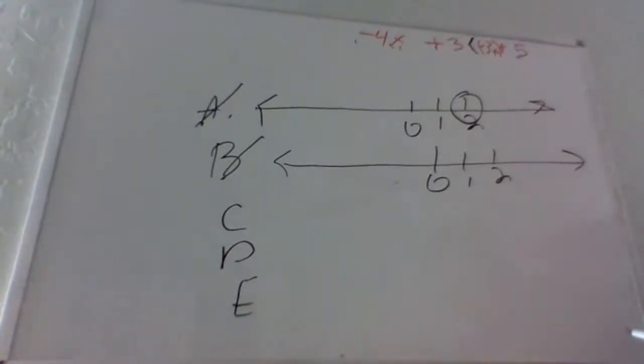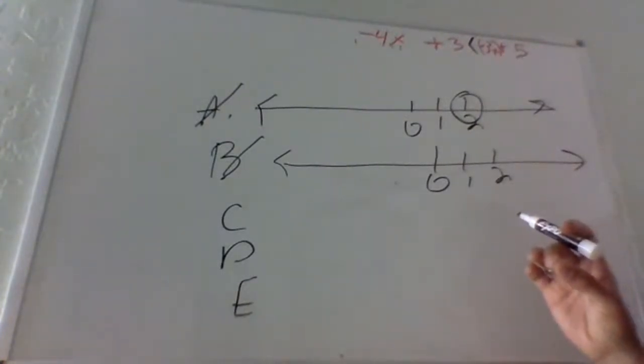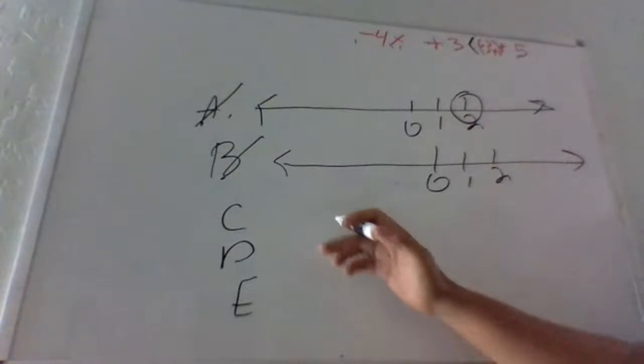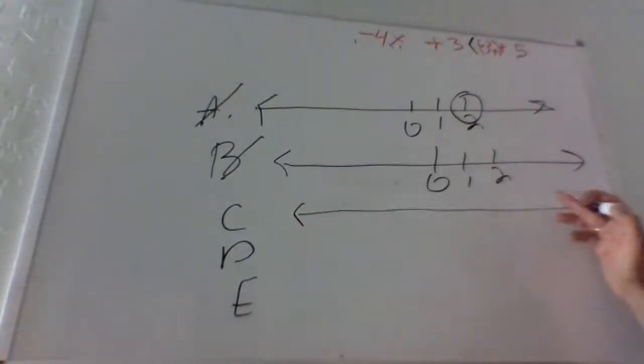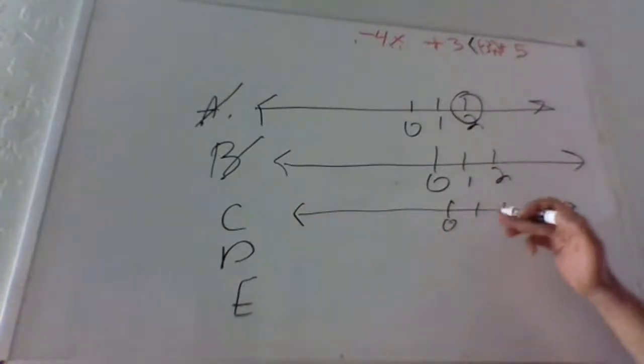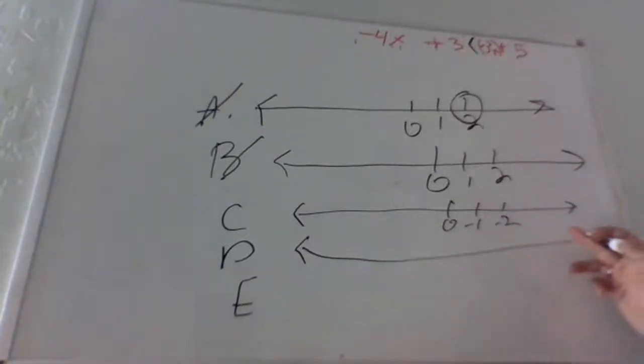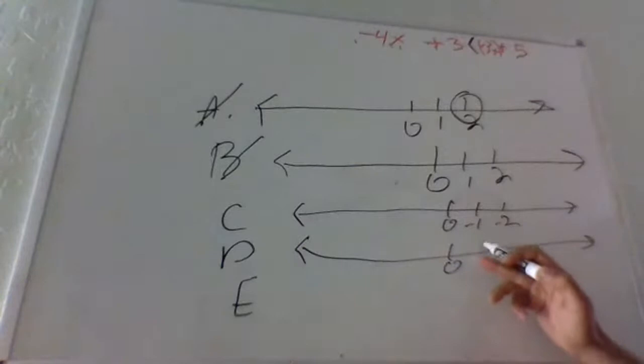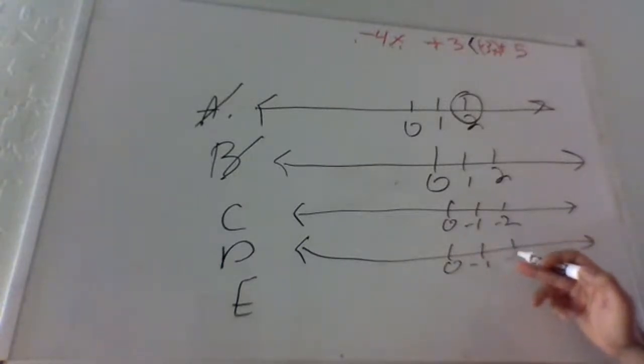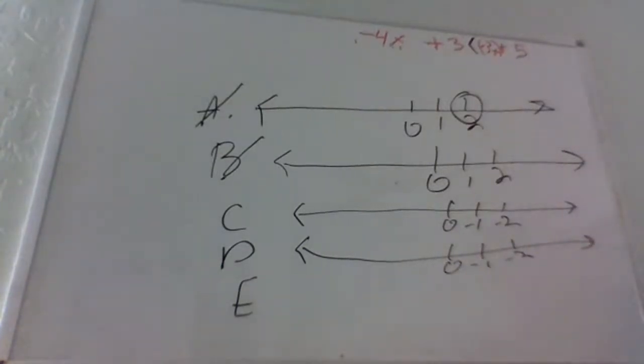Now, C and D both think it's negative 2. So we can't get rid of either one based on the number. This is going to come down to the direction the arrow is going.